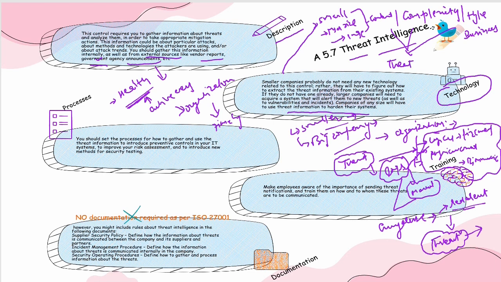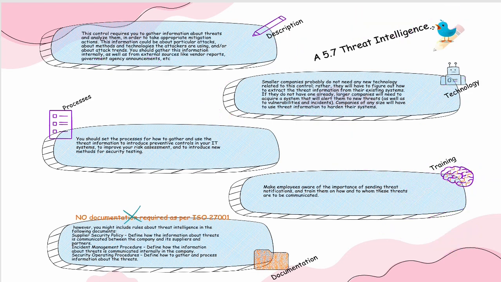So once I say threats from your internal devices, okay, internal, let me make it clear. It's very important to understand. So organization, you have to collect threats from your internal sources.